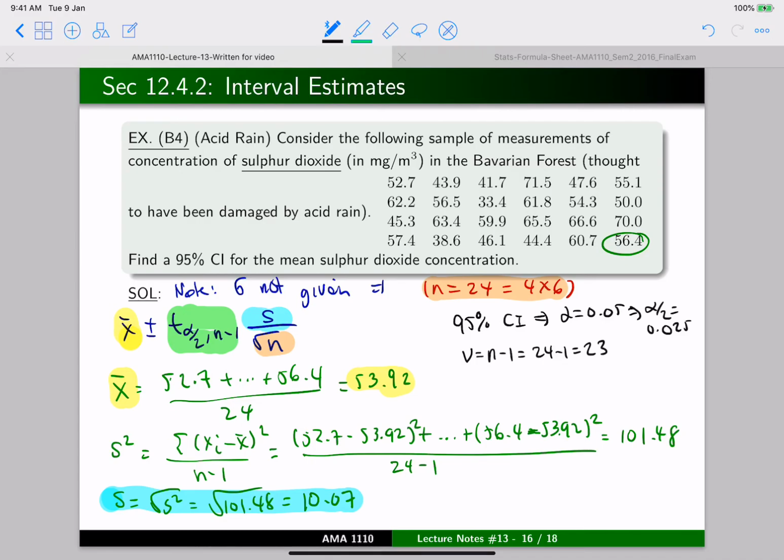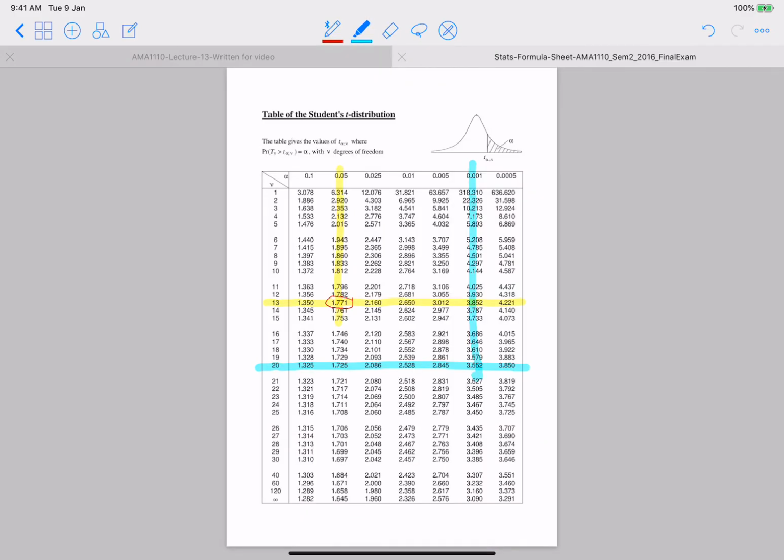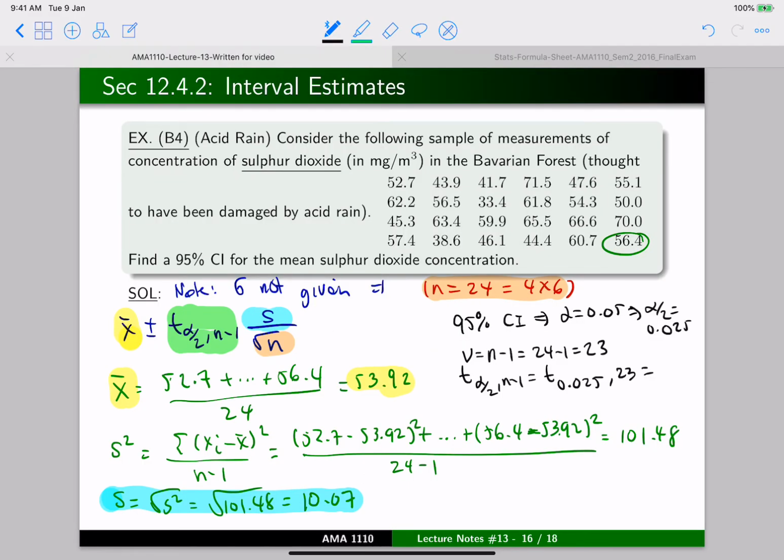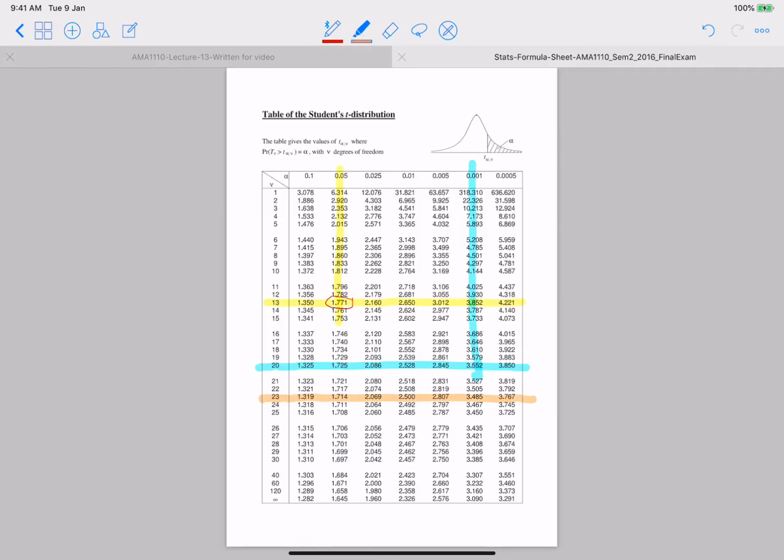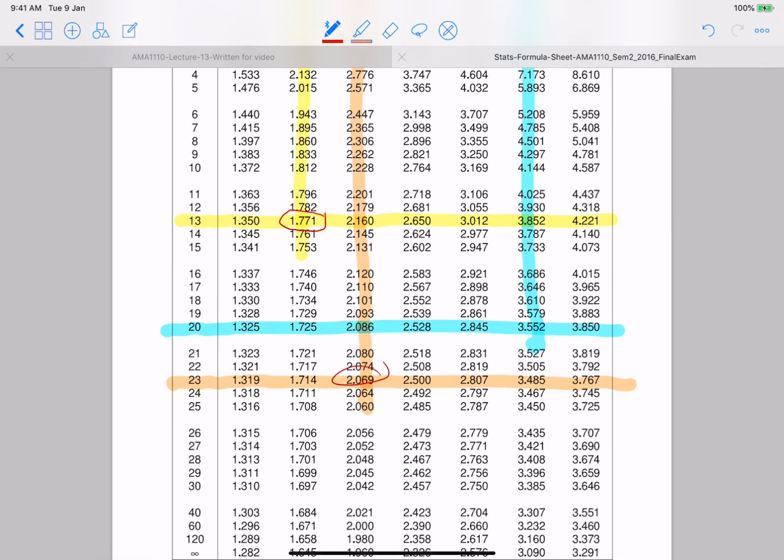So we're looking for t alpha over 2, n minus 1, which is t 0.025 with 23. What's that equal to? Well, 23 is here, and 0.025 is here. So the intersection is 2.069.